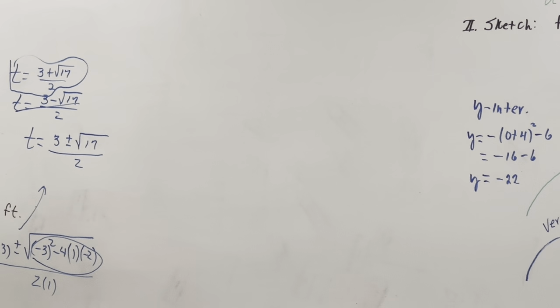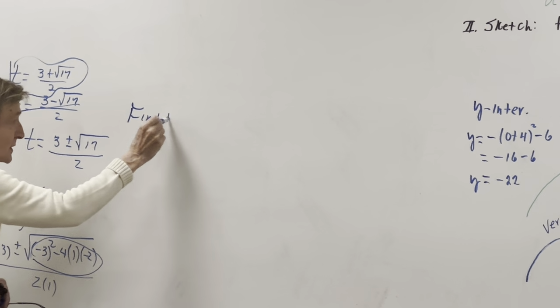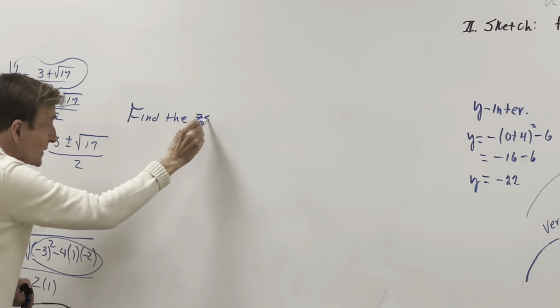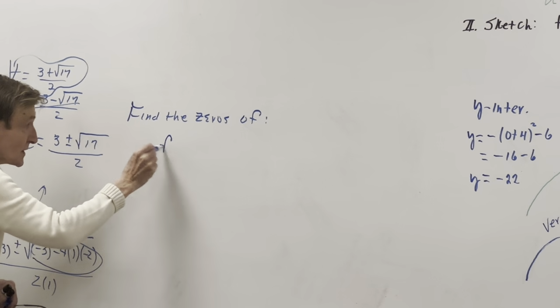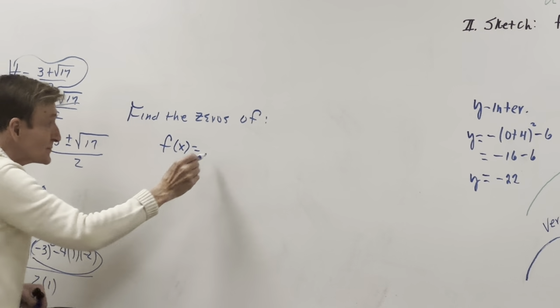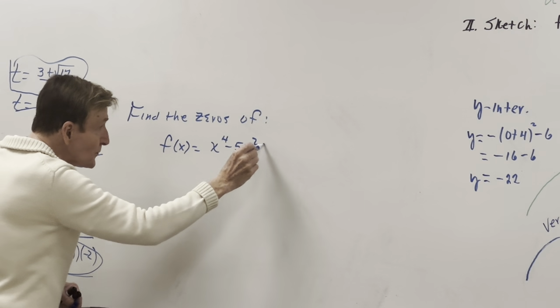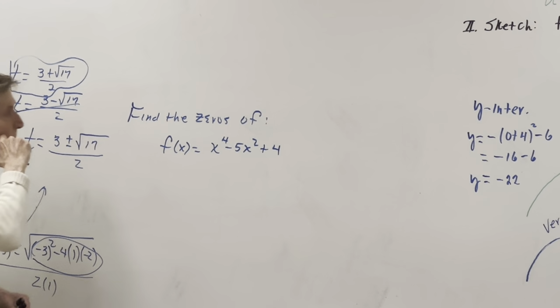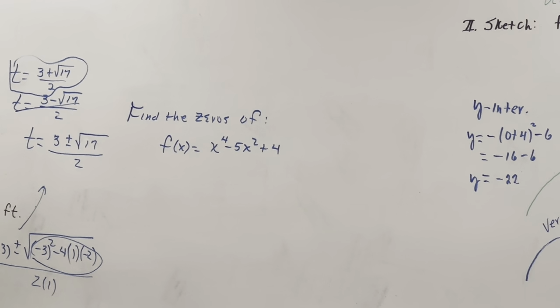I want you to try, just on a scratch sheet of paper or in your notes, find the zeros of this function. Now, if I word it like that, guys, I did not use the word real, find the real zeros.